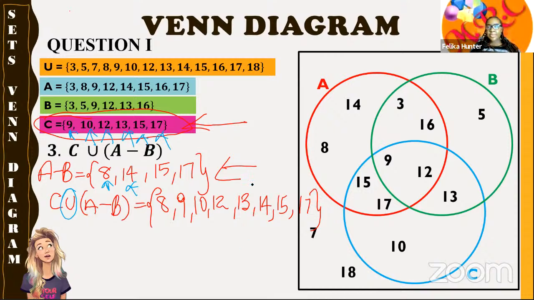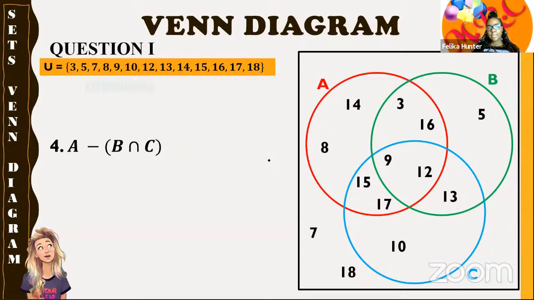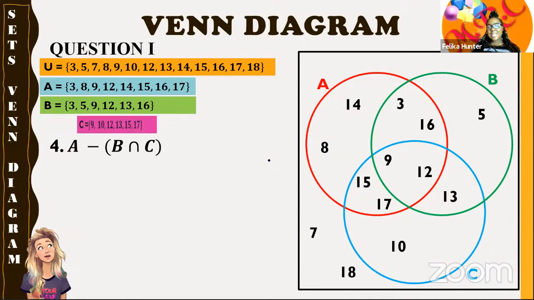So we're going to continue now. The next question is A minus B intersect C. I give you a minute to think about this one, now that you understand what minus means and how to get your answer. Let's see who will be the golden star. You can send your answer in the chat.